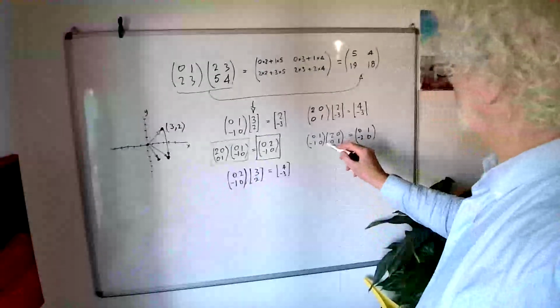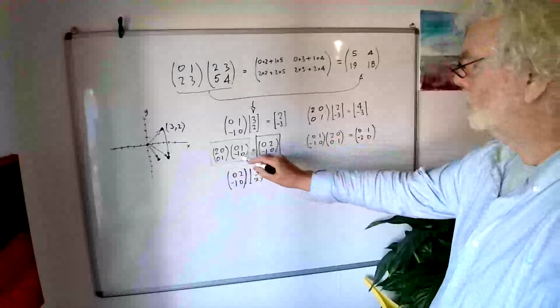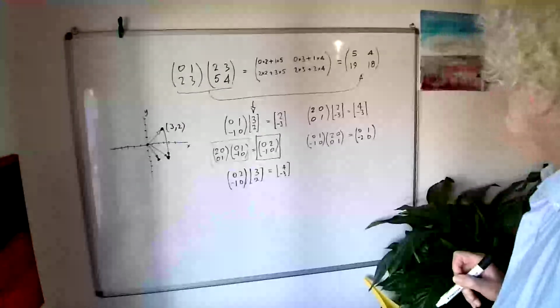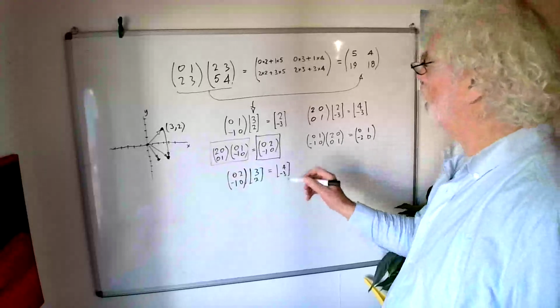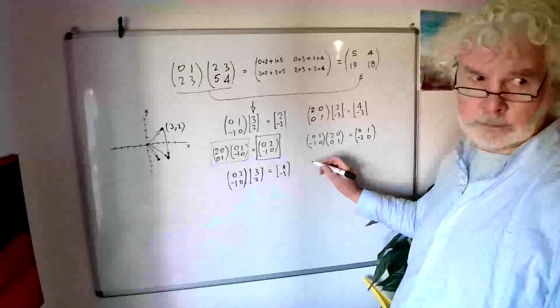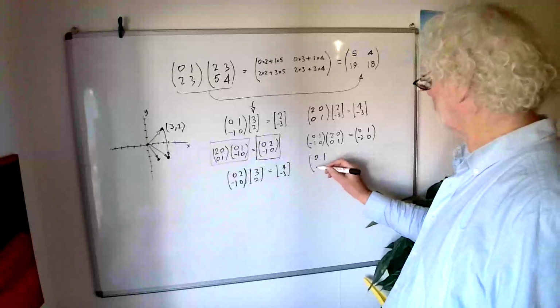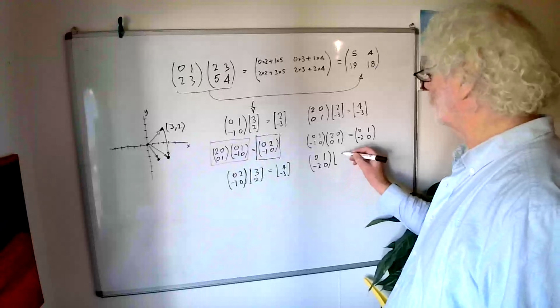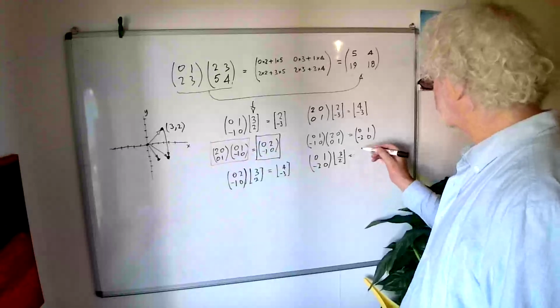So if I multiply these in the opposite order, I get something else. Now if I use that something else on the original vector, that equals a new vector.